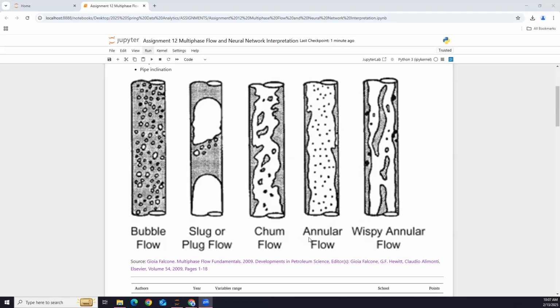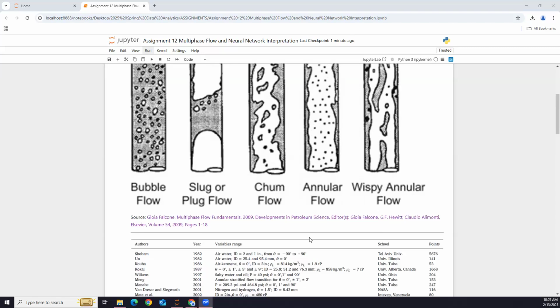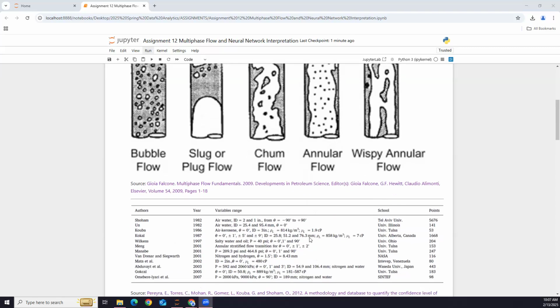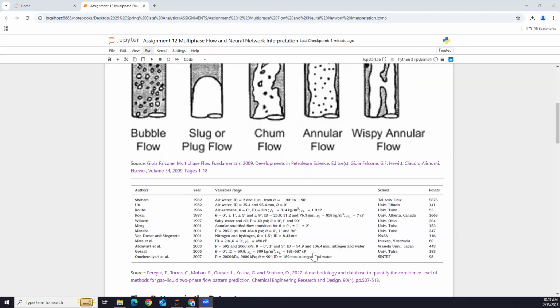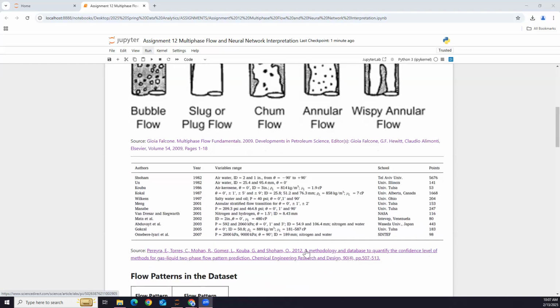I do want to point out that in this specific example, the data set was acquired from this paper down over here, which was published in 2012, and it's a study from the University of Tulsa, and it really compiles data from several different studies ranging from 1982 all the way to 2007.